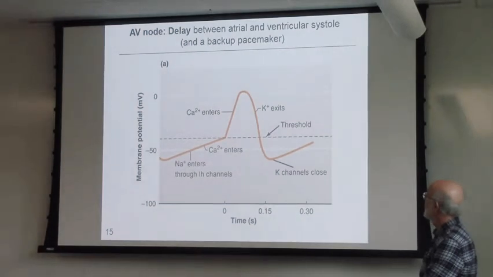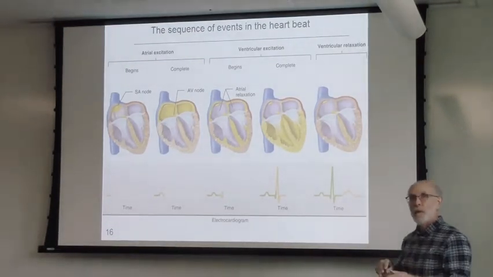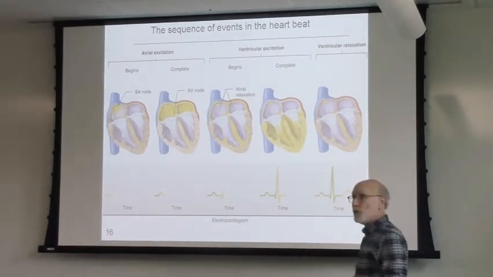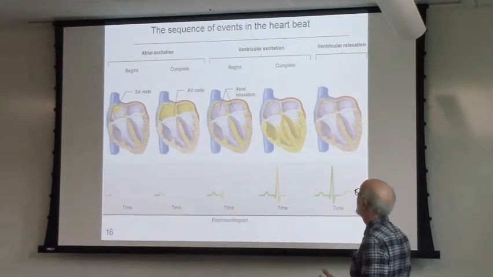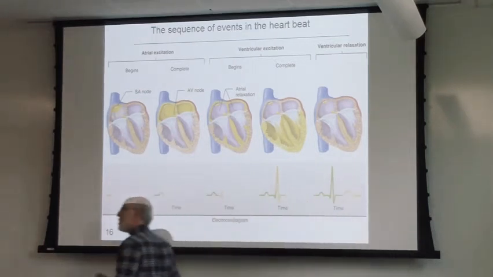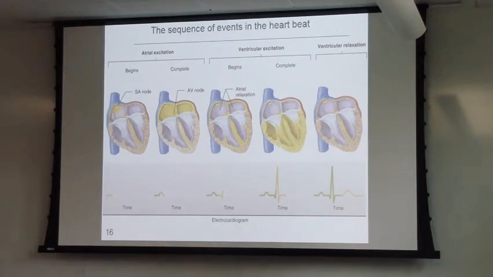So now let's circle back, using our knowledge and this cartoon, to pull the anatomy and the physiology together. You already have this cartoon, and the PowerPoint slide has a series of repeats.